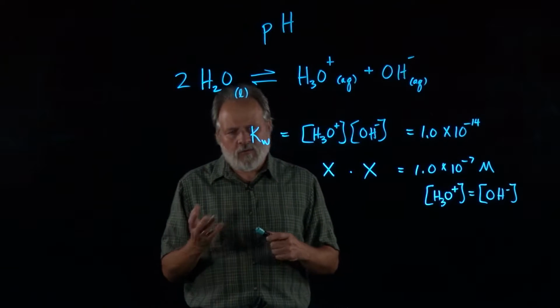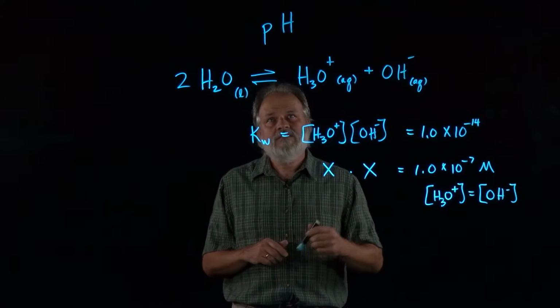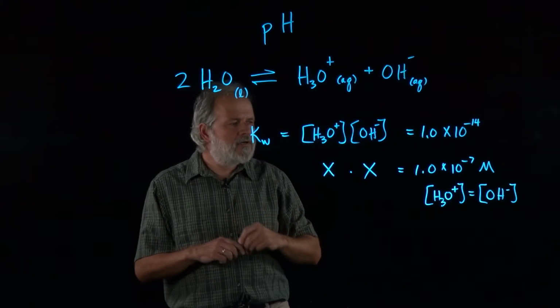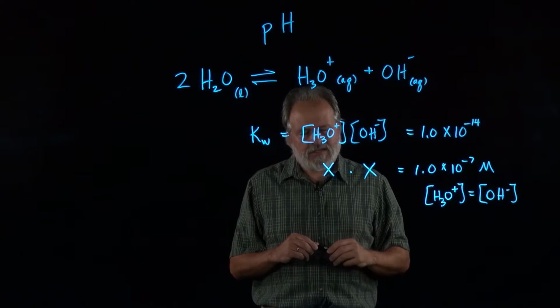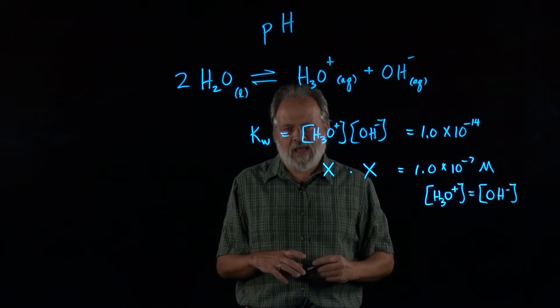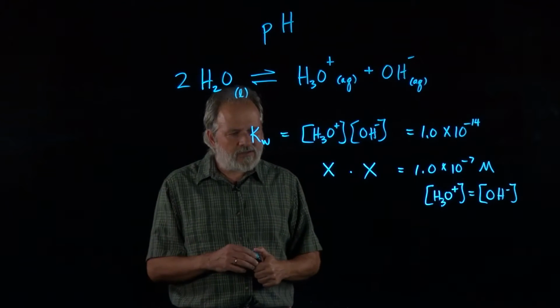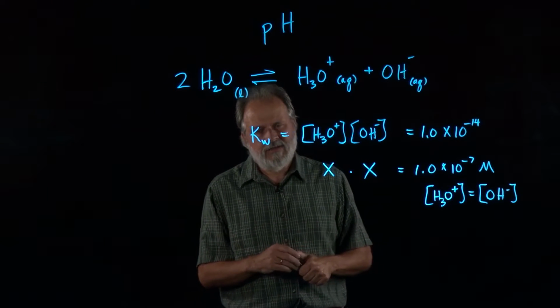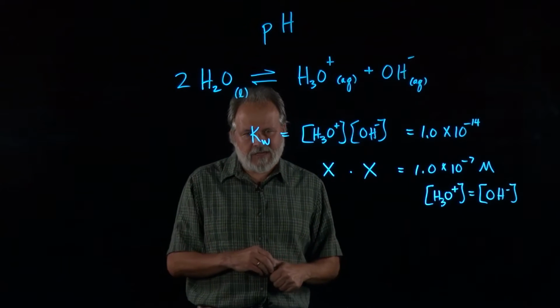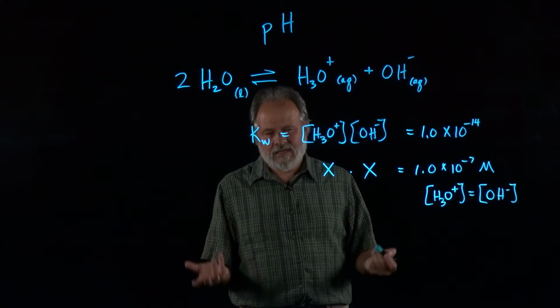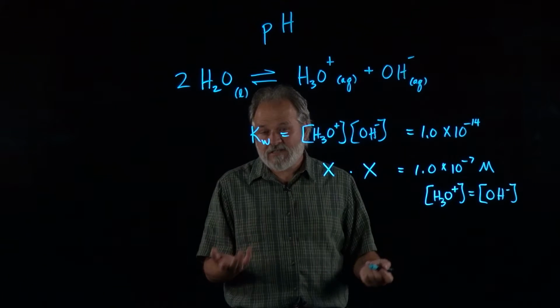Well, people don't like working with really small numbers, and so we're going to look at the power of the concentration, and the power of the concentration is minus 7. So we could define a logarithmic scale where the log would be minus 7. Well, people don't like negative numbers, so instead of dealing with negative exponents, we're going to change the sign.